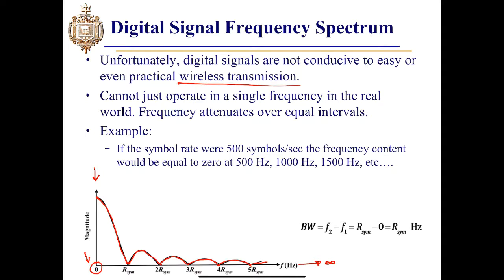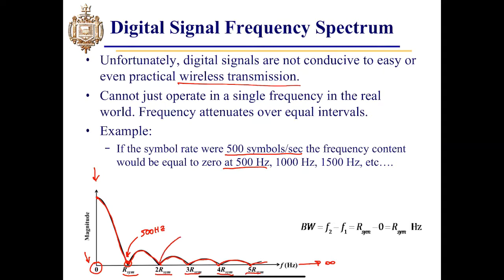Notice that where these magnitudes go to 0 is equal to the symbol rate; these are multiples of the symbol rate as we go to infinity. So in this example, if the symbol rate was 500 symbols per second, the frequency content would be equal to 0 at 500, so this would be at 500 hertz.